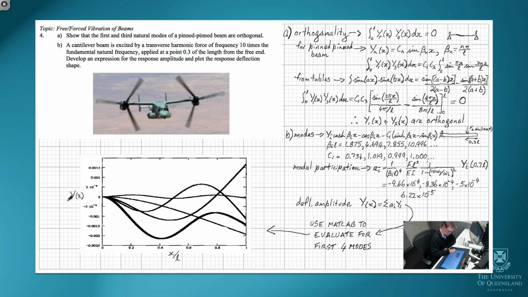And we don't know the geometry of the beam, the EI on L cubed, and we don't know F naught. So we'll divide our solution by F naught L cubed on EI.